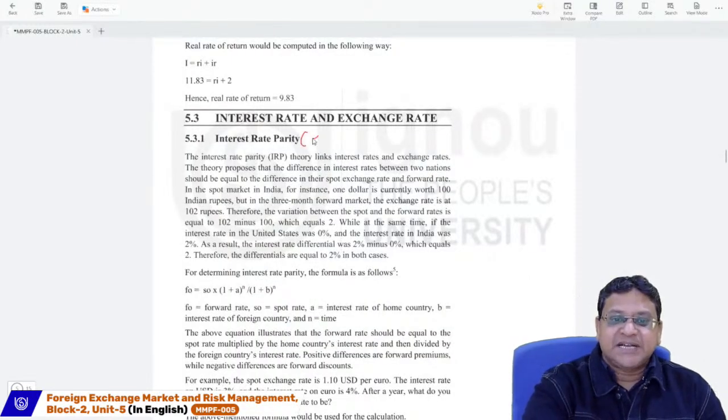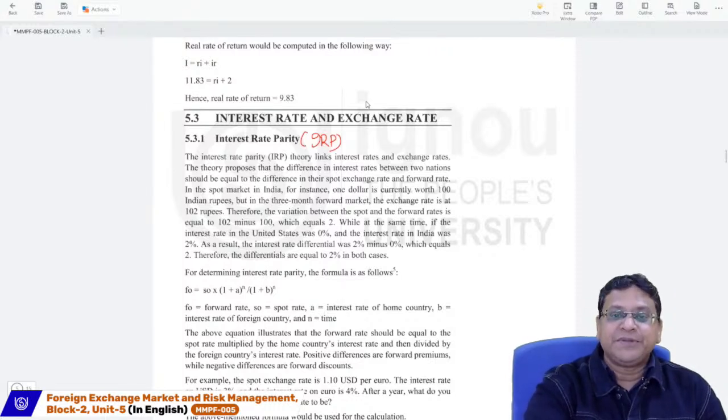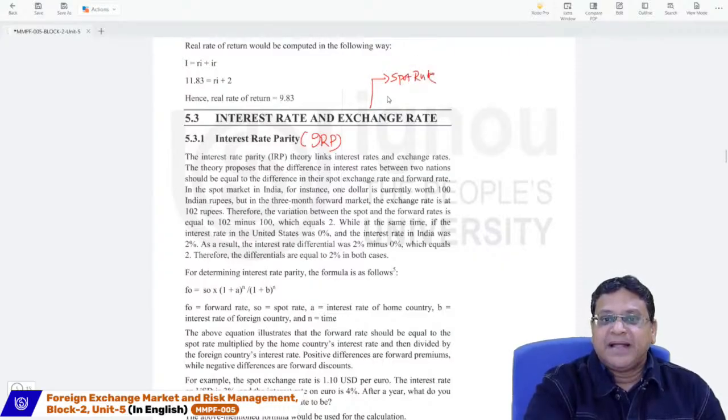What is interest rate parity theory or IRP theory? IRP theory tells regarding forward rate differential. What is forward rate differential? We have discussed exchange rate is of two types. One is spot rate, another is forward rate. What is spot rate? The rate prevailing now.